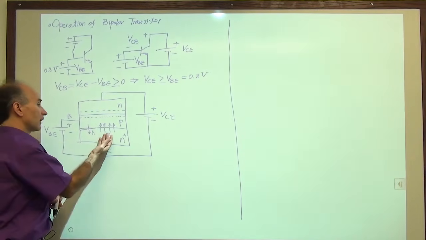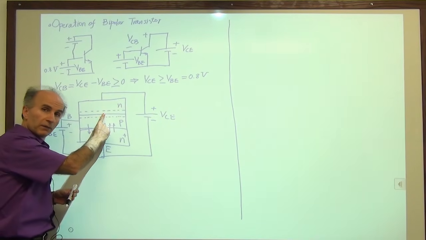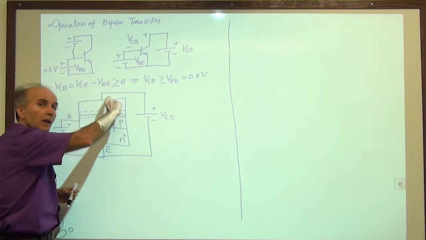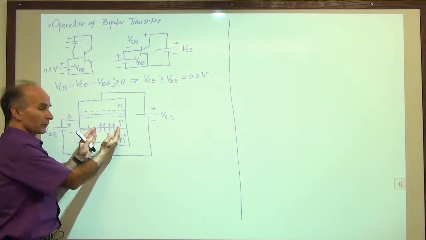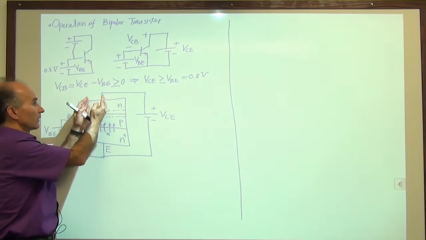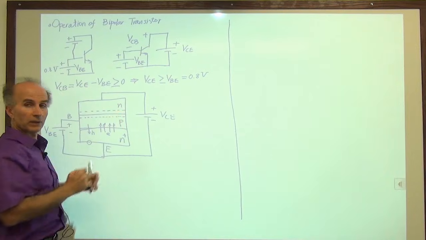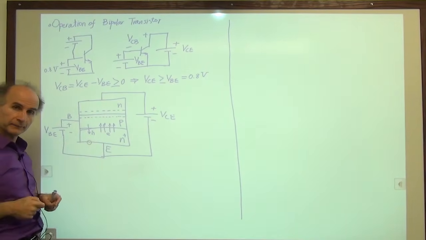So as soon as these electrons make it to the edge of the depletion region, they see the electric field, they go to the collector, and they go to the battery. So almost all of these electrons end up going to the depletion region, going through the collector, and going to the battery. So very few of them will actually prefer to go this way.